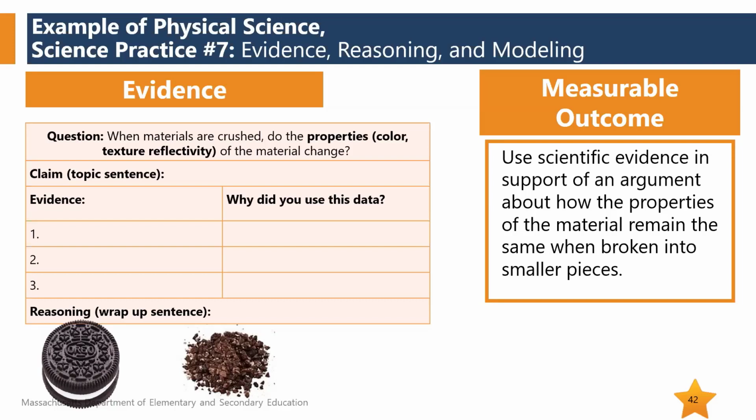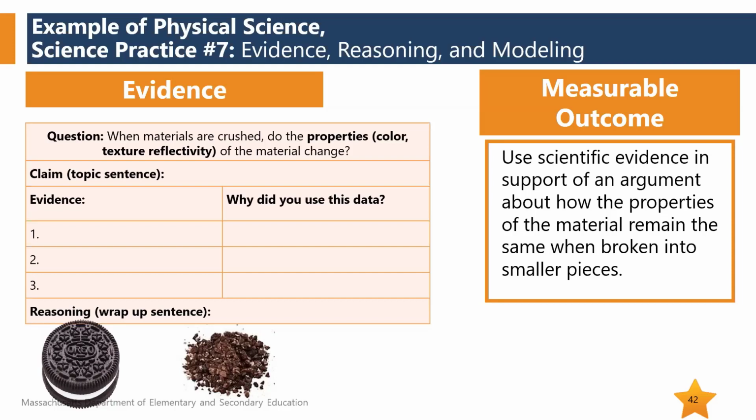You could help students fill this out, or depending on your students, you might be filling it out with different icons and talking about what happens. The measurable outcome is to use scientific evidence to support an argument about how the properties of the material remain the same when broken into smaller pieces.